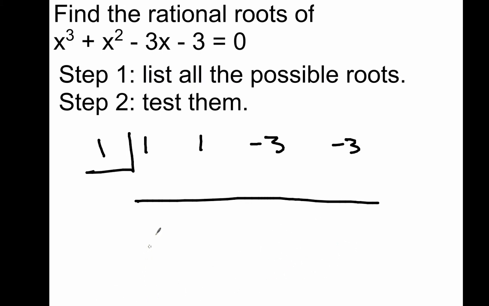Remember, if it's a root, then after we're done with synthetic division, we'll have a 0 here, because there would be a remainder of 0, which means it's a root. So let's bring this number down. 1 times 1 is 1. 1 plus 1 is 2. 1 times 2 is 2. -3 plus 2 is -1. -1 times 1 is -1. We end up with -4. So 1 is not a root.